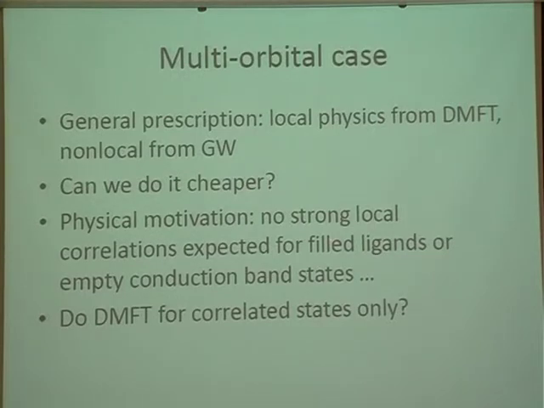So we don't need to treat ligand states here or empty conduction band states in impurity models, which would be horribly large, but we treat those in the example that I will show you now, just on the level of the GW approximation, and do DMFT for correlated states only.